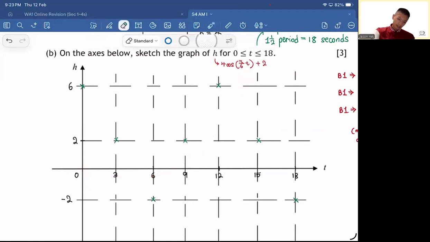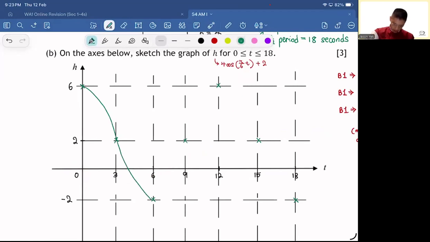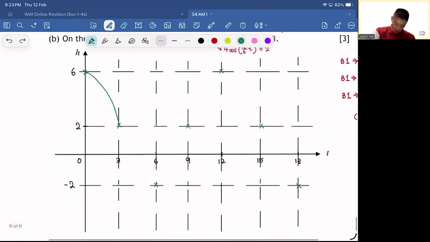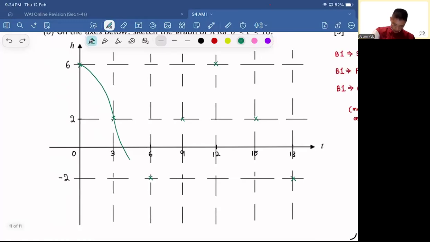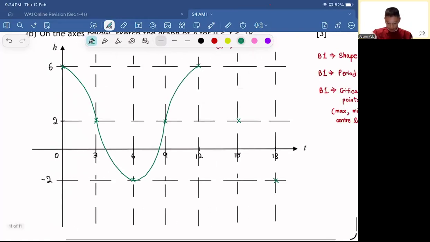Then you carry on. Okay? So you just plot down over here. And you do one more cycle. I mean, half a cycle.